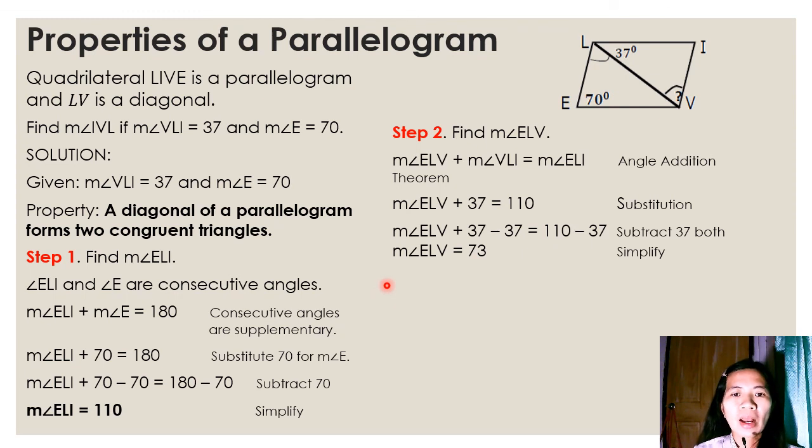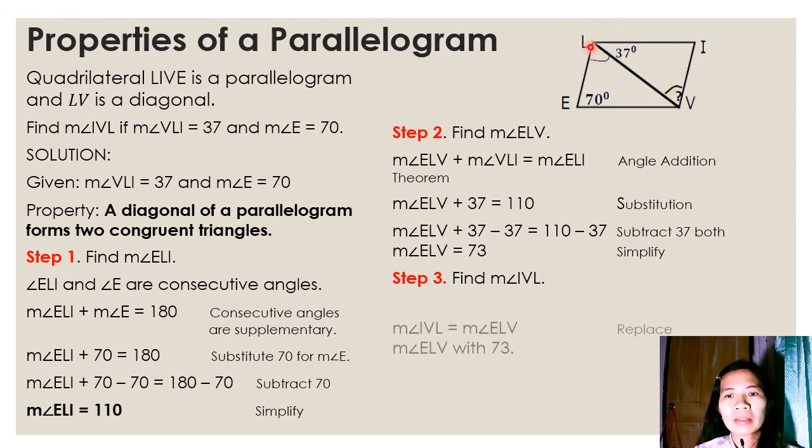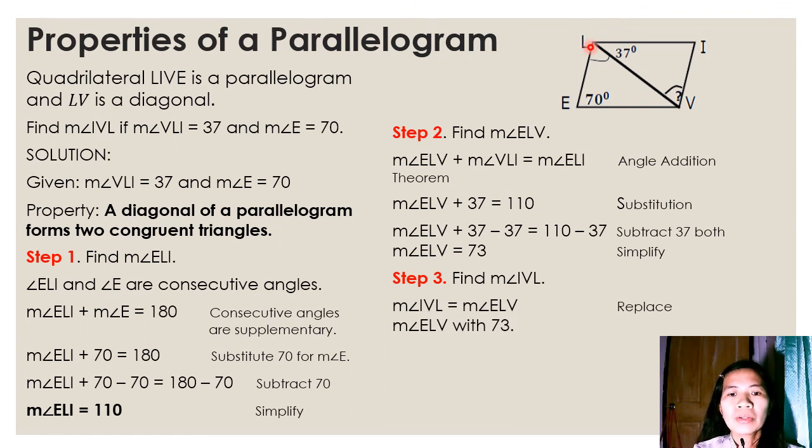So measure of angle ELV is equal to 73. Then we will find the measure of angle IVL. Measure of angle IVL equals measure of angle ELV.